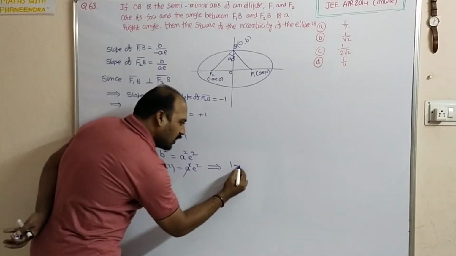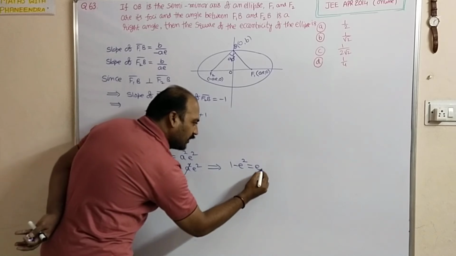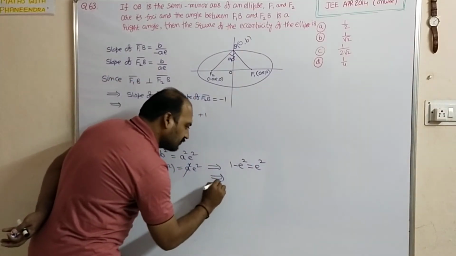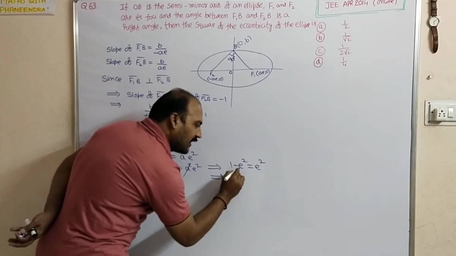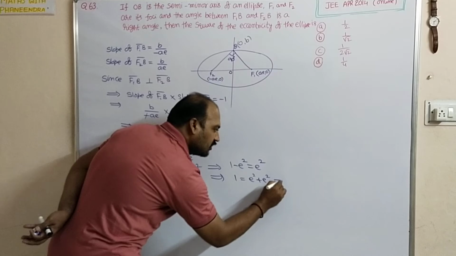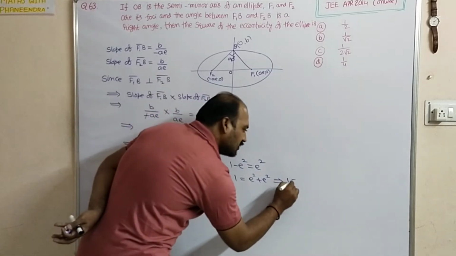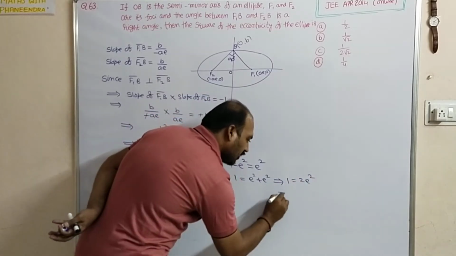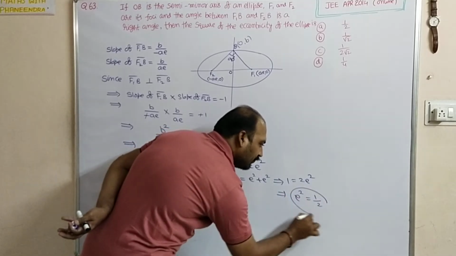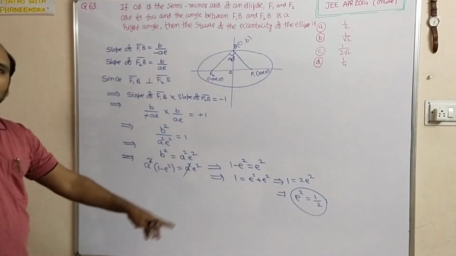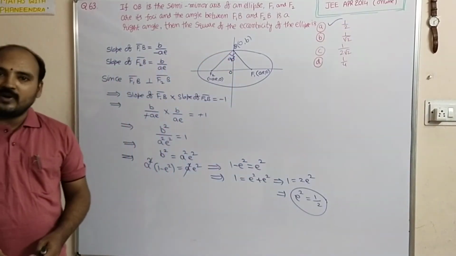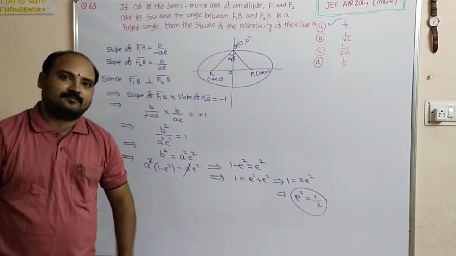That implies 1 minus E square equal to E square. That implies 1 is equal to E square plus E square. That implies 1 is equal to 2E square. Therefore, E square is equal to 1 by 2. So E square equal to 1 by 2, which is there in the first option. We will move to the next question.